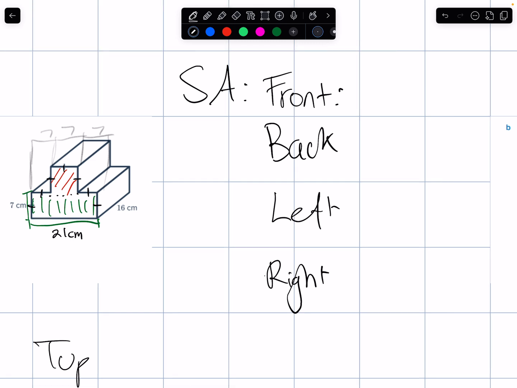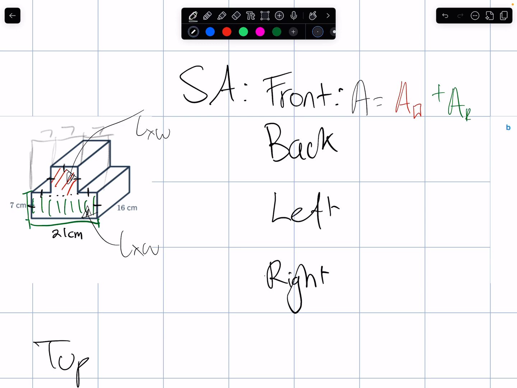So already, we can see that our front view has a combined area, where we have the square, which is length times width, and the rectangle, which is length times width. So the front view area is equal to the area of the square plus the area of the rectangle.